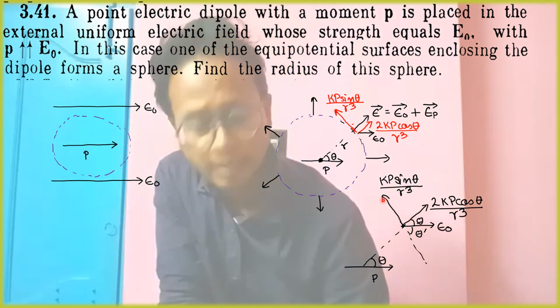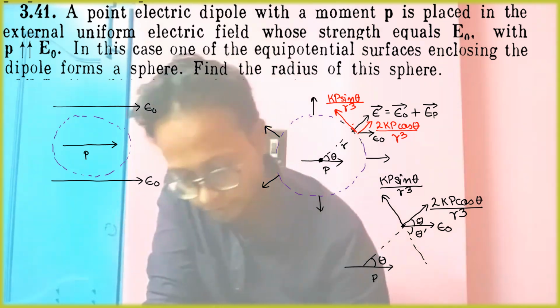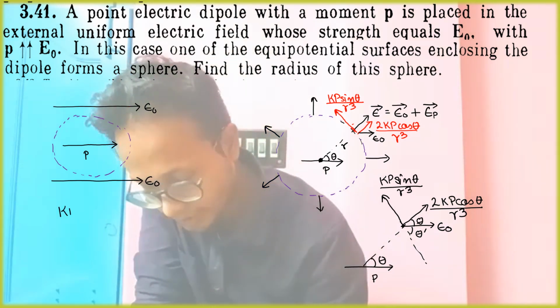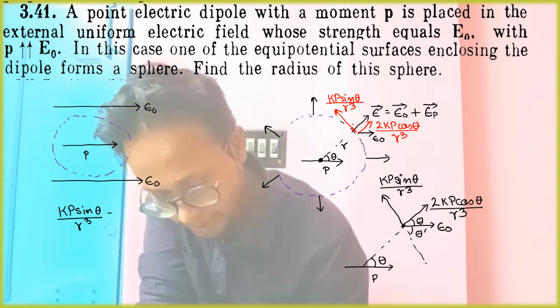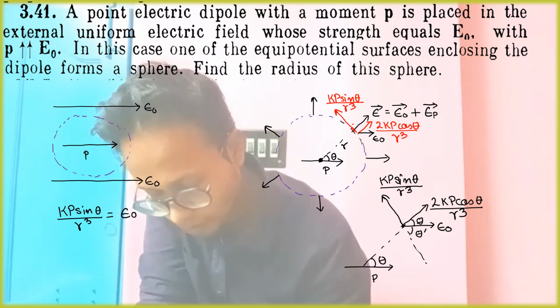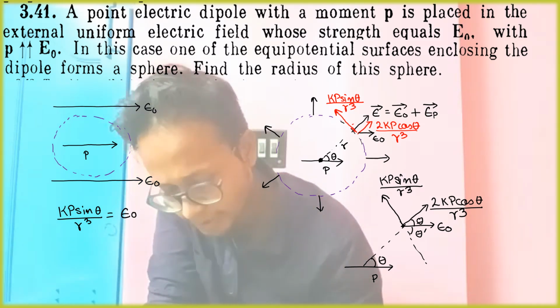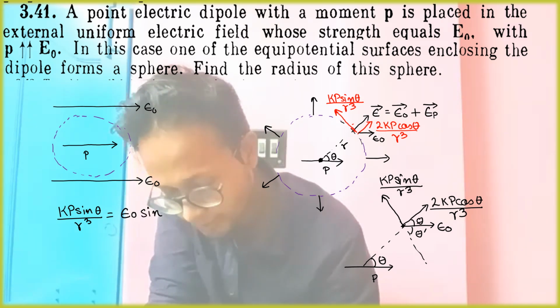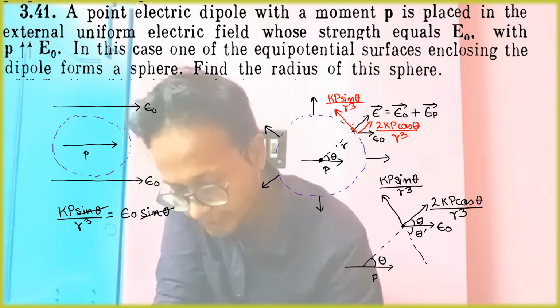Because the tangential component of the electric field out here is equal to 0. So kp sin theta by r cube is equal to E naught cos theta dash, or cos 90 minus theta. Cos 90 minus theta is nothing but sin theta, isn't it? Sin theta and sin theta would get cancelled.